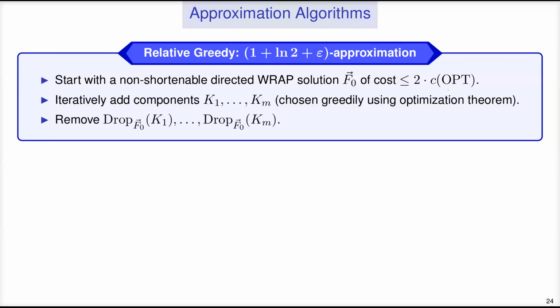In the next iteration, we replace part of the directed solution, and there's less left of it. Maybe we can still improve on that part as long as it is more expensive than OPT. Those improvements get smaller over time, and that's the reason why the relative greedy will stop at a certain point. If you do the math, you get 1 plus natural logarithm of 2 as the approximation factor. It's a typical factor people obtain with relative greedy.